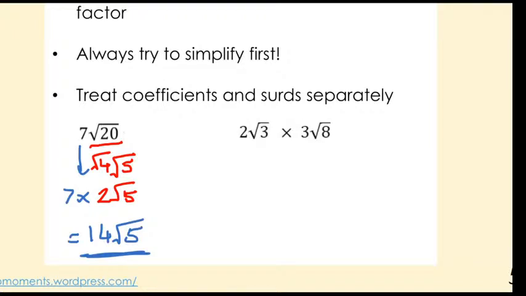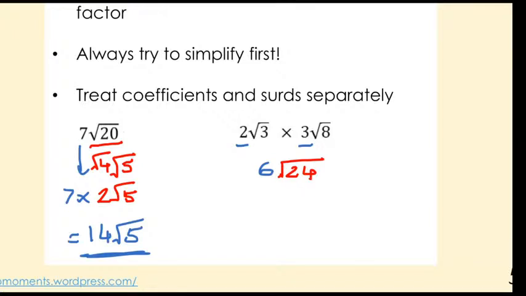If we look at my second example, and I'm going to take the coefficients first, the 2 times the 3, let's treat them separately. 2 times 3, and we get our 6. Then if we move on to the surds, we've got root 3 times root 8, and we get root 24.